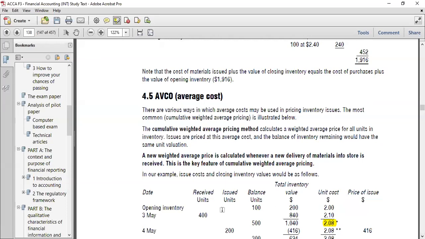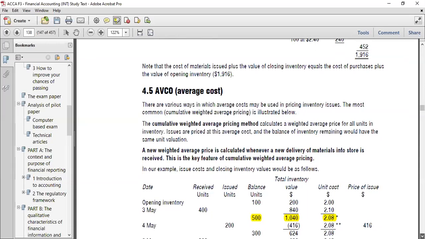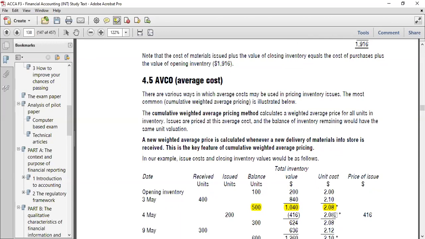That's why we first multiplied 100 by 2 to determine the 200, and then 400 multiplied by 2.1 to get the 840. Once we get this total, the 1,040, we divide it by the 500 to determine our weighted value. So if we are issuing inventory on 4th May, we are going to issue it at the rate of 2.08.